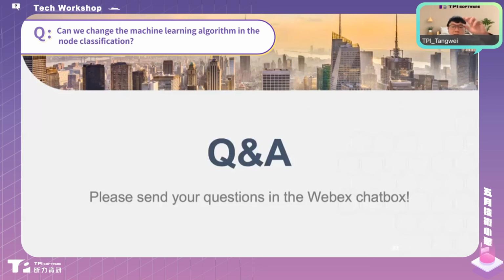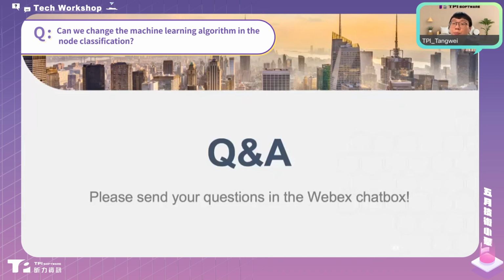So in these situations, if you don't want to use logistic regression and you want to use SVM or random forest classification models, you can use the Python API to connect to your Neo4j database.